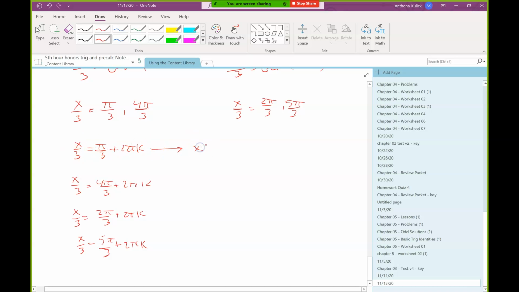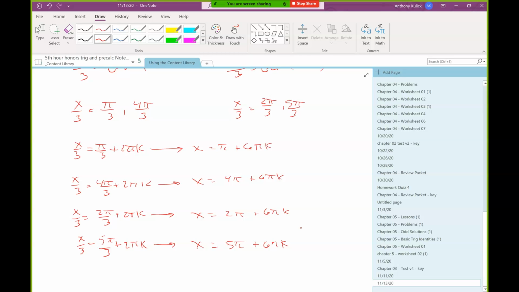So to solve for x, I'll multiply both sides by 3. Okay, there.